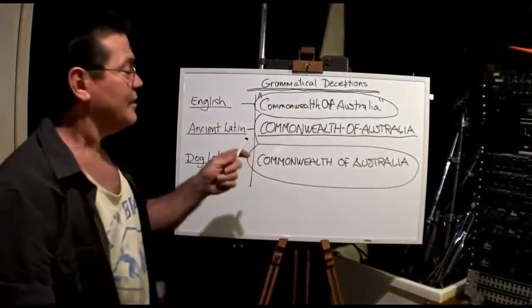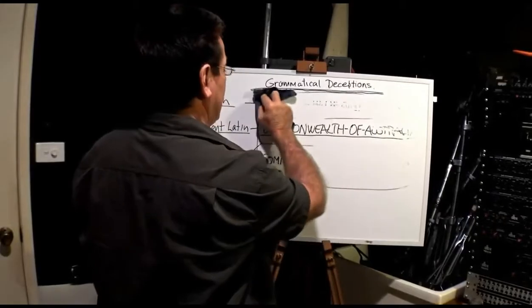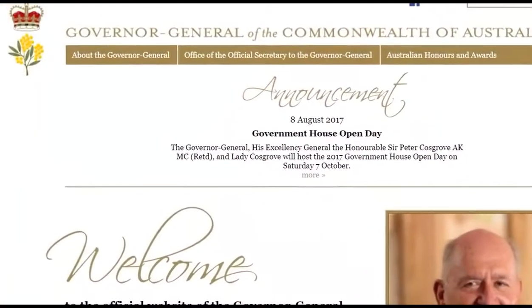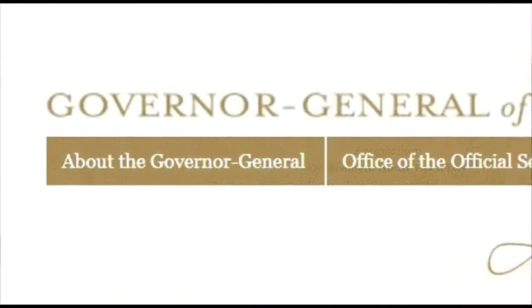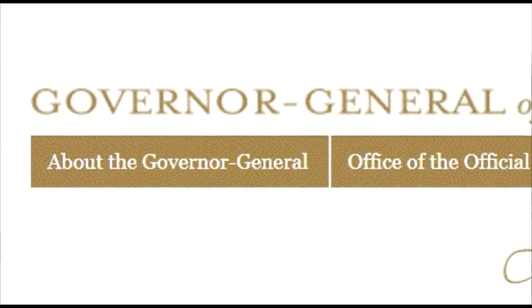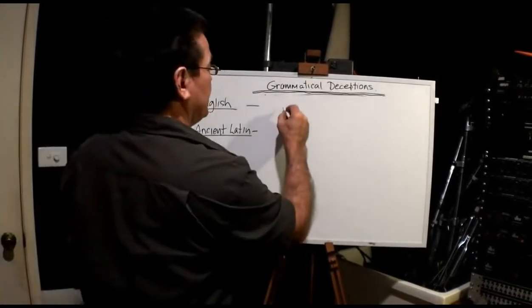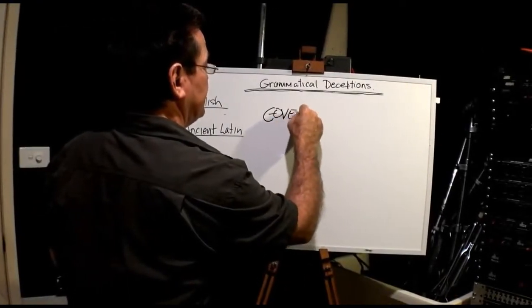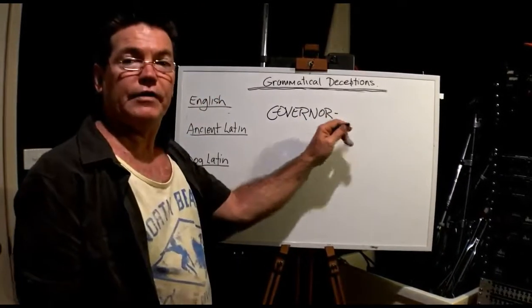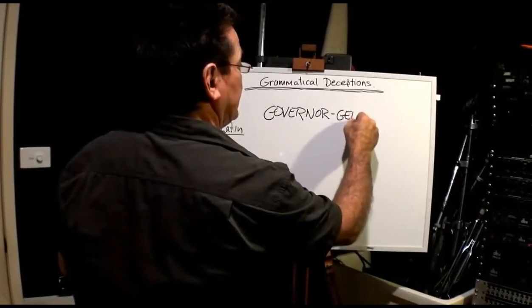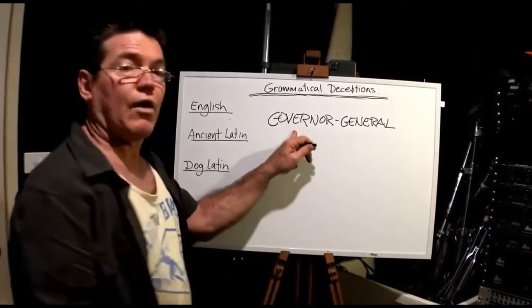Now that you understand that, if you go onto the website under the Governor General, you will start to see just how confusing things get. Even if you ring the office and ask, they've written it with a hyphen, which is right.